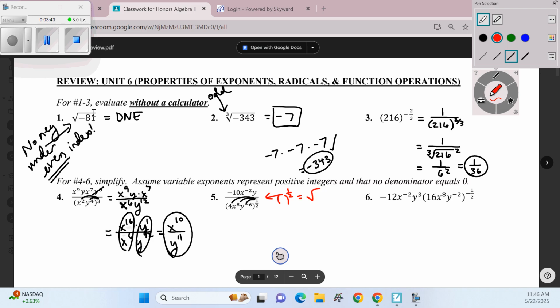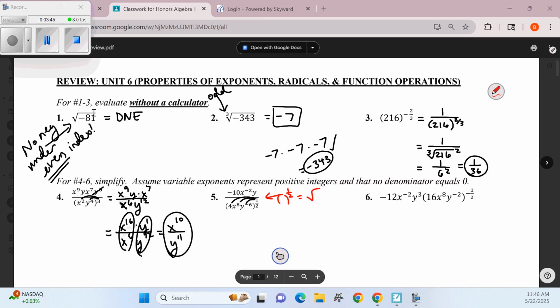So when I think of 4 to the 1/2 power, I'm really getting the square root of 4 in the denominator there. If we just leave the numerator alone for right now, 4 to the 1/2 power on the bottom would be 2. Again, power raised to a power for x to the 8th to the 1/2, so I'm going to multiply those exponents to get x to the 4th, y to the negative 3.